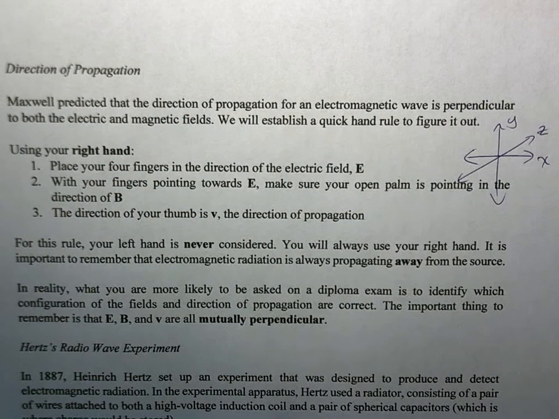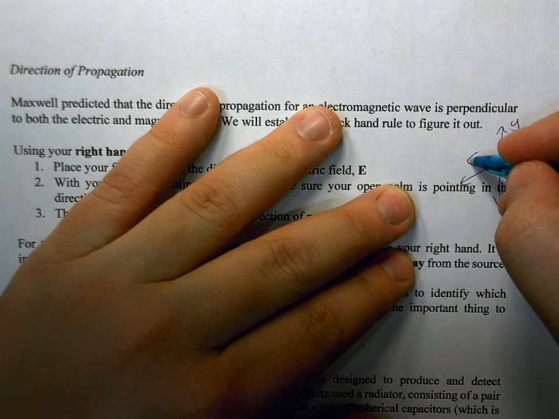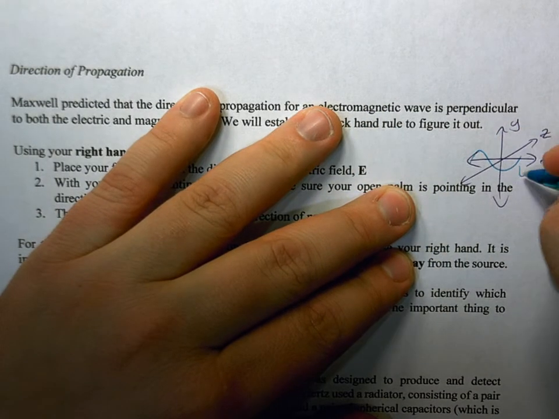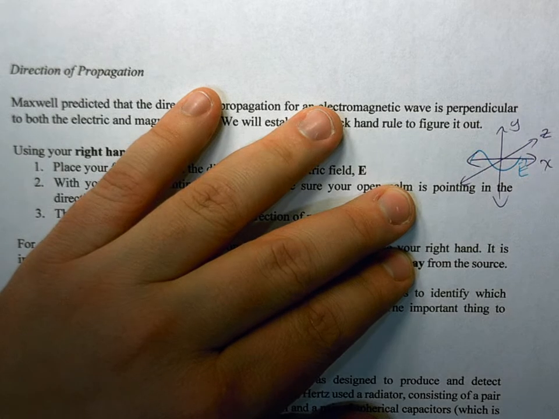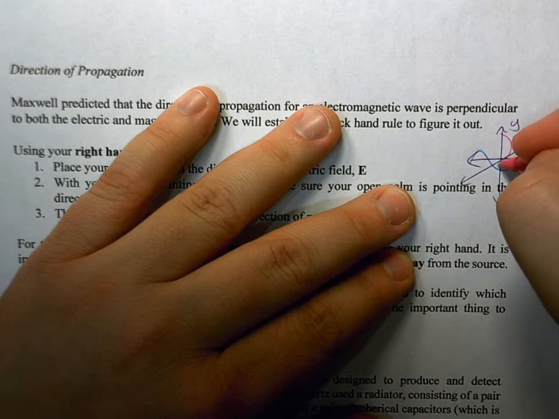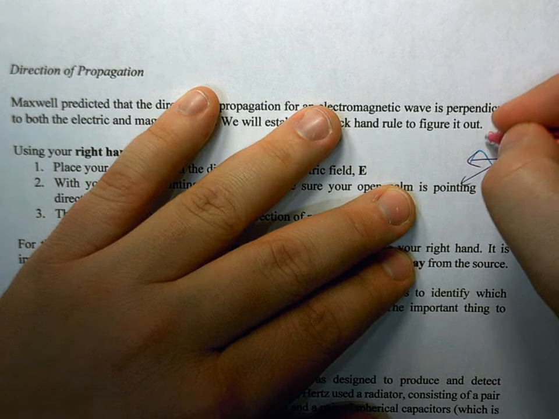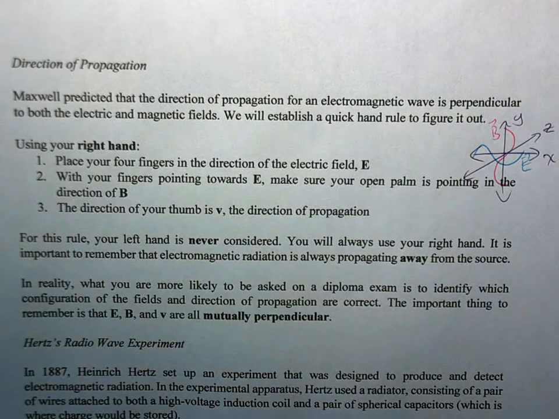So what they may say is, okay, in my x-plane, here's my electric field. In this y-plane, here's my magnetic field. So I have E in the x-plane, I have B in the y-plane.